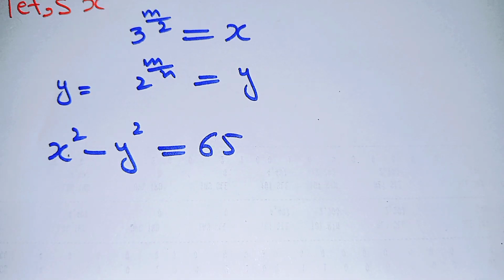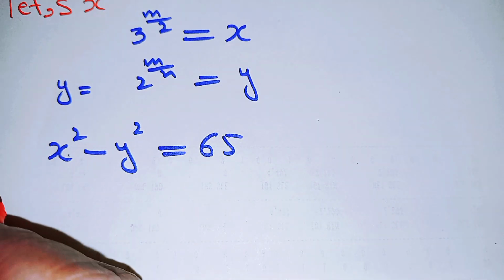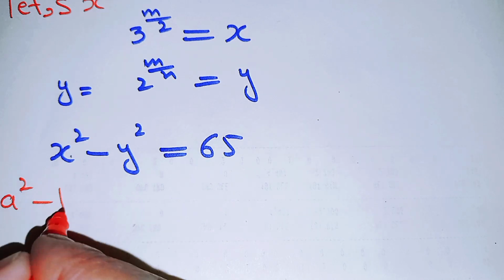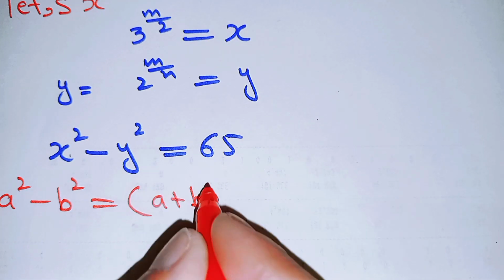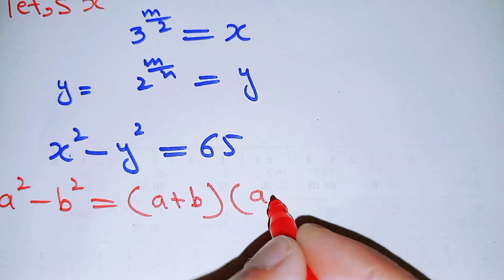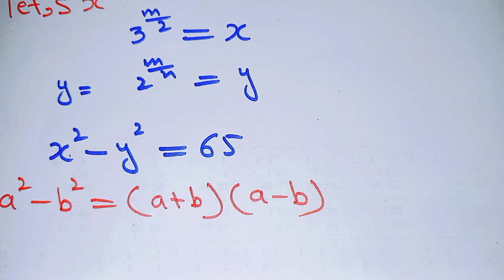Now we take another algebraic formula, which is a square minus b square is equal to a plus b times a minus b.